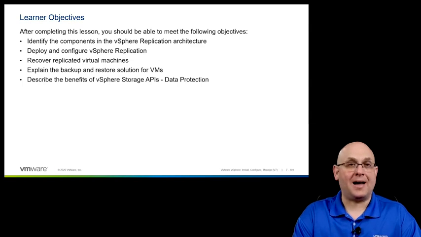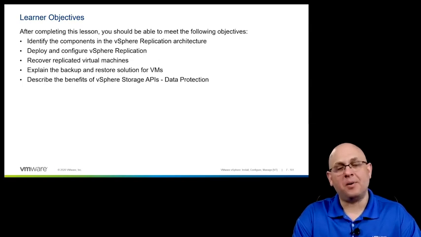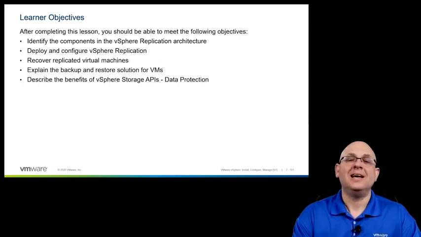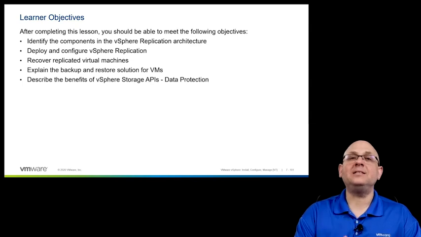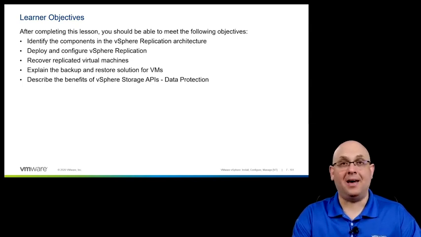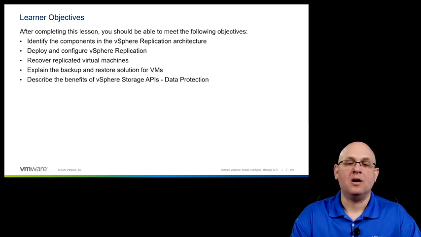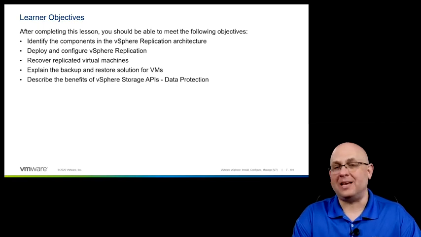Then we'll look at backup. And when it comes to backup, VMware's solution exists to the extent that we have an API, an application programming interface, for what we call data protection, or the vSphere API for data protection, VADP.